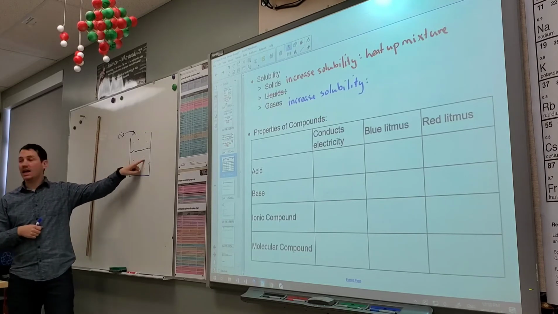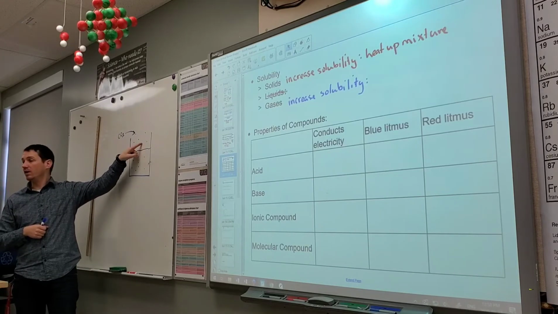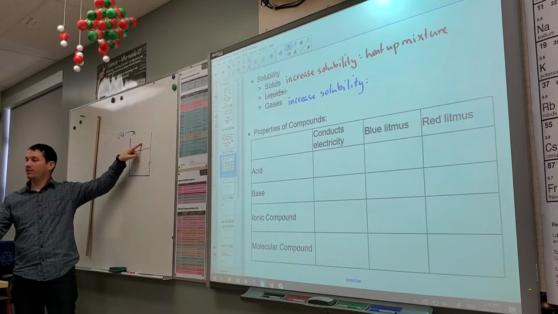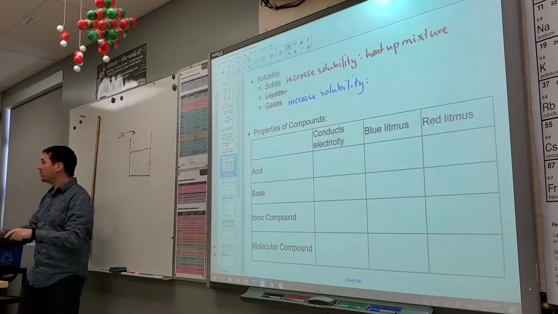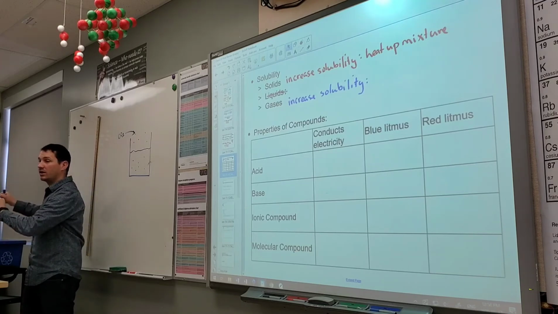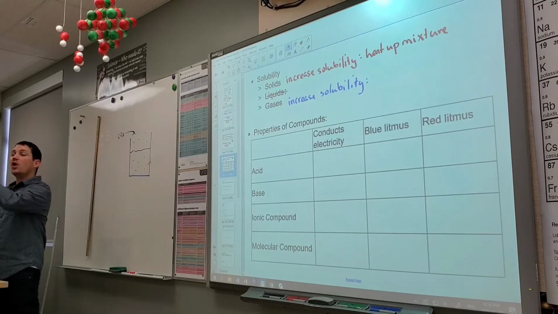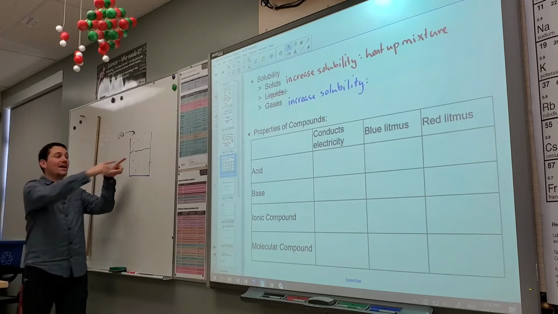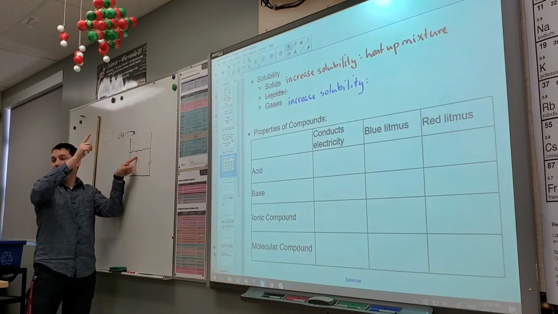How is it that these gas molecules can leave the water? Do they have too much energy or not enough energy? Too much energy. Because if they have too much energy, they're moving fast, and if they're moving so fast, they escape the liquid.